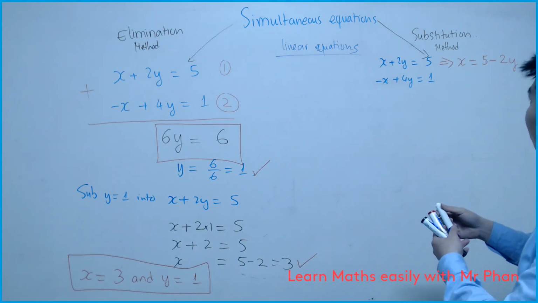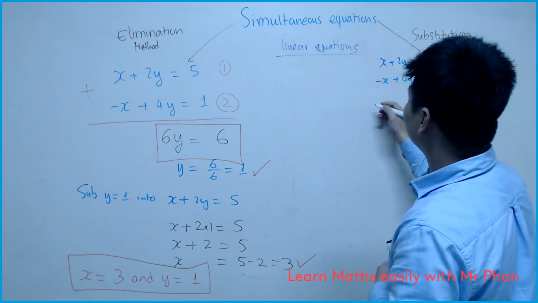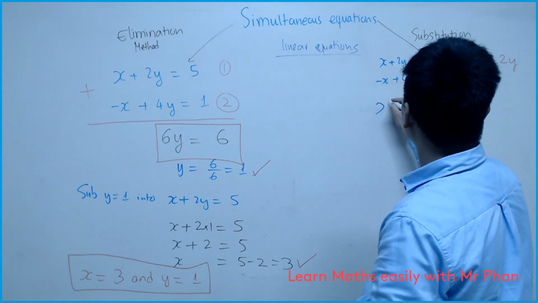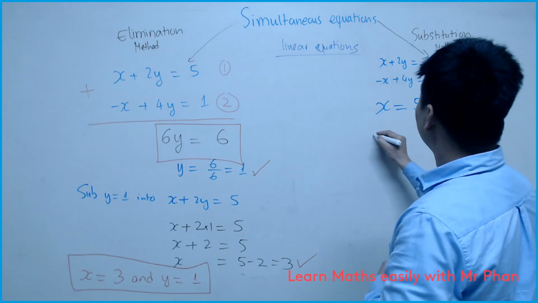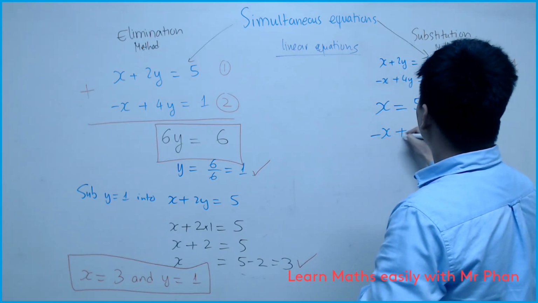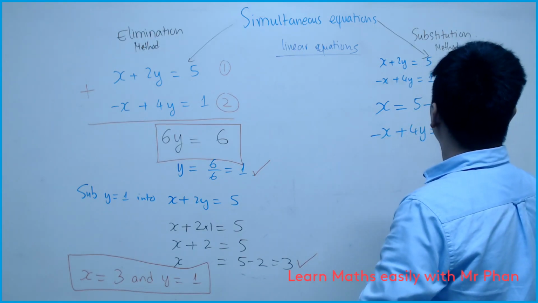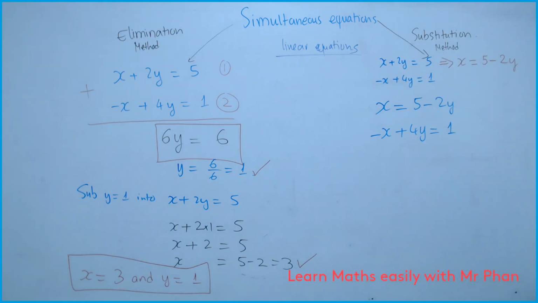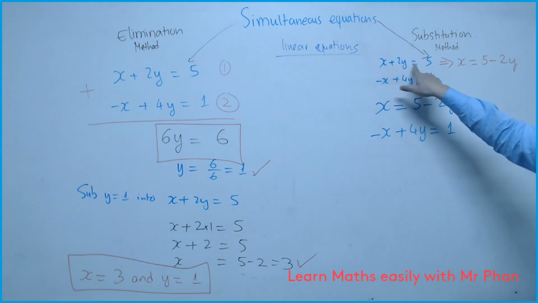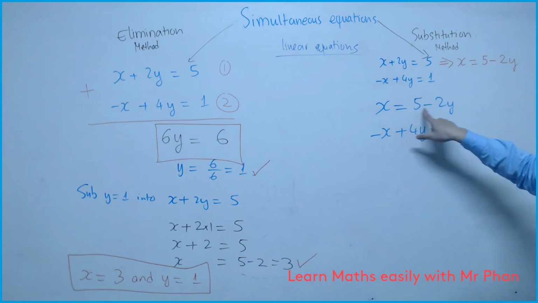Okay. So I write that one nicer. I can write out again here: x equals 5 minus 2y, and minus x plus 4y equals 1. You happy? So instead of writing x plus 2y equals 5, I write x equals 5 minus 2y.